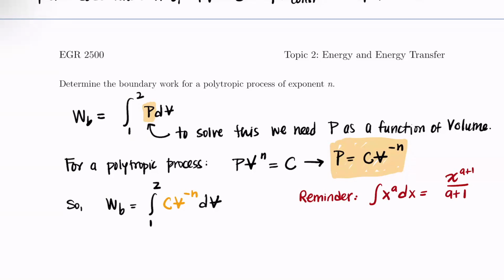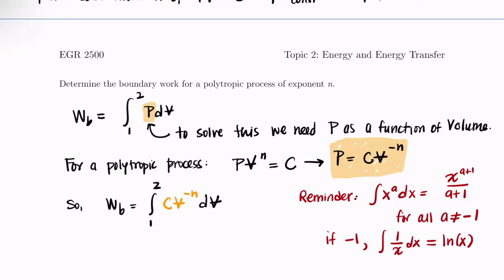And this is for all a not equal to minus 1. If a is equal to minus 1, does anybody remember what the integral of 1 over x dx is? Natural log, yeah. Sophia, right? Okay, thank you. Okay, so this is our reminder.